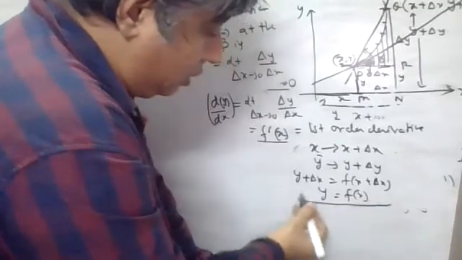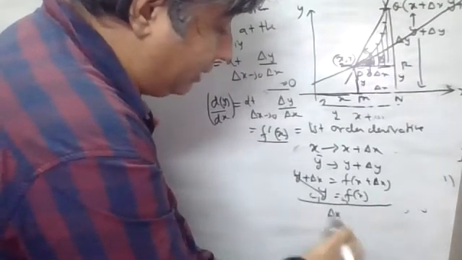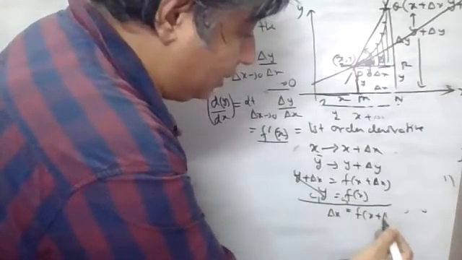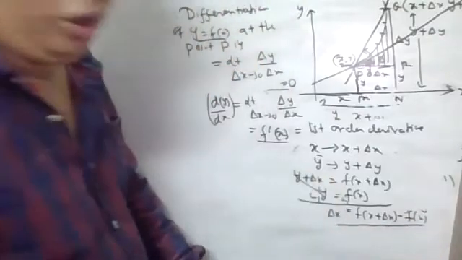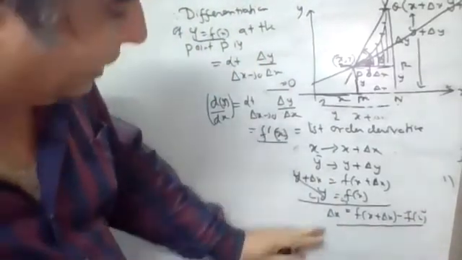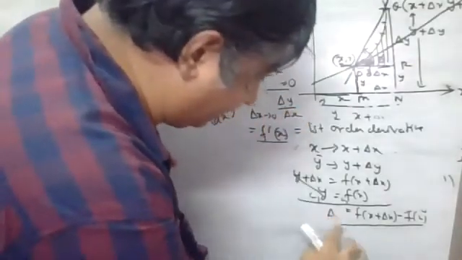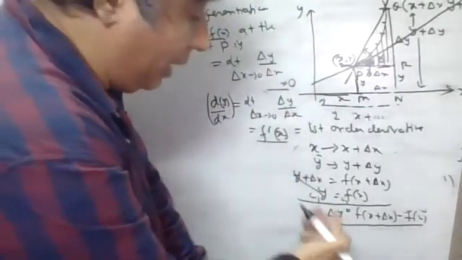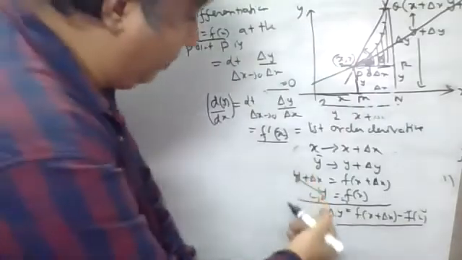Subtract, y will get cancelled, and you will get the increment as f of x plus delta x minus fx. The value of delta y, the increment in y which you have just got, will be replaced here.